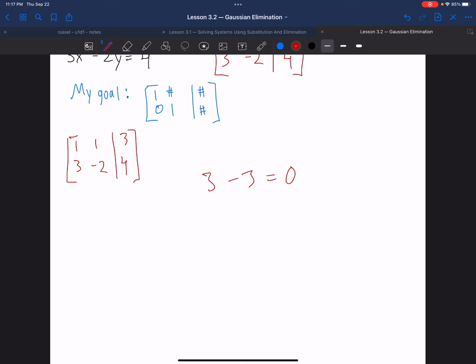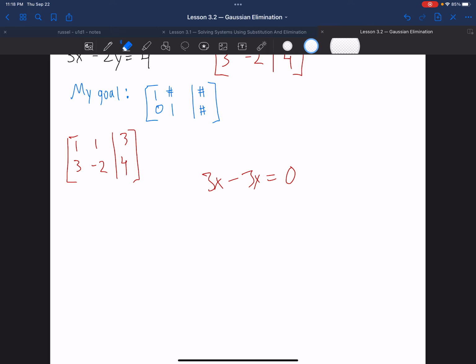That is not how this works. Because what this matrix represents is a system of equations attached to variables. That 3 isn't actually a 3, it's a 3x. So you're not subtracting 3 from 3x, you're subtracting 3x from 3x.